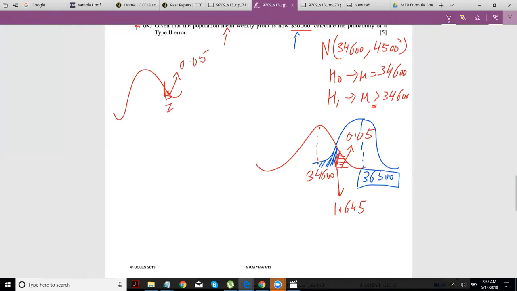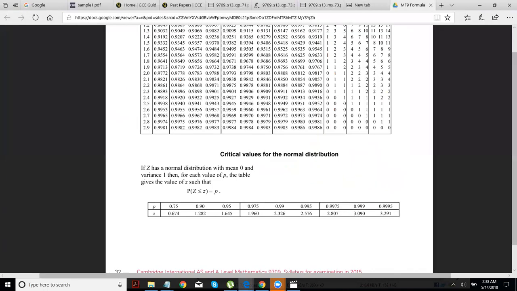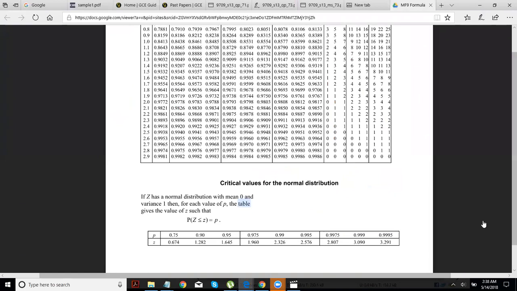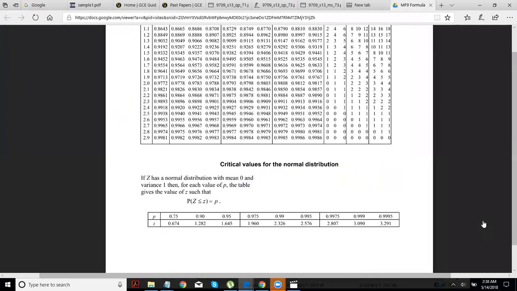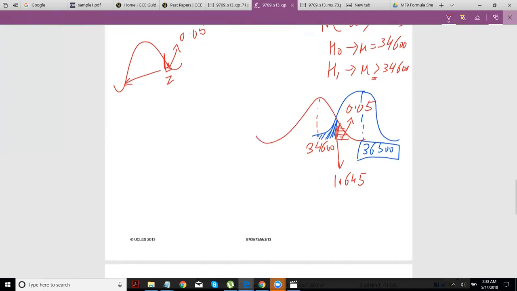For the Z value here, you'll have to find all the probability behind it, which is 0.95, and through the critical values given, you can see that it's 1.645. You can see that from your distribution table, right?